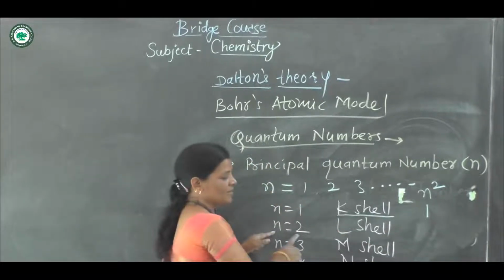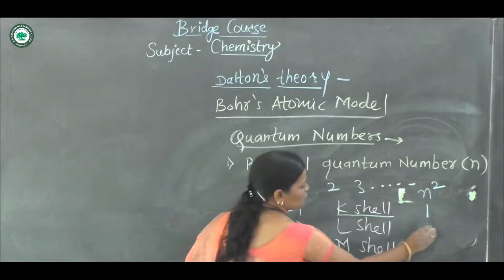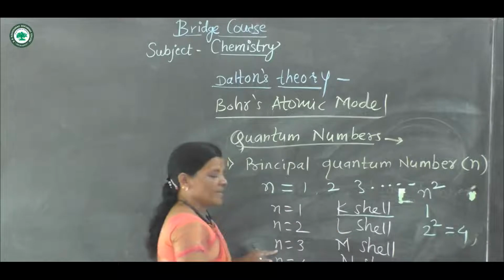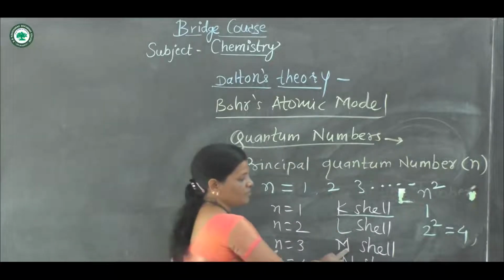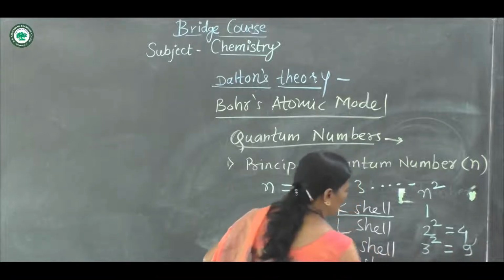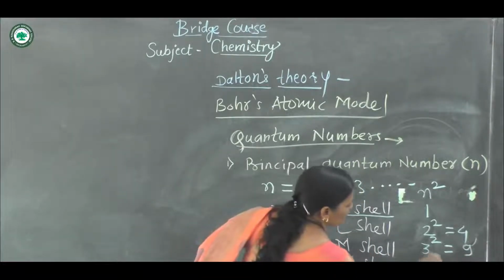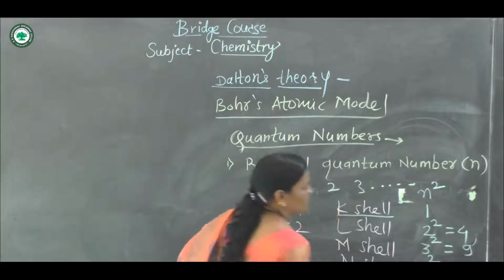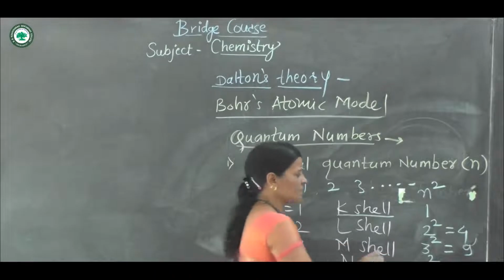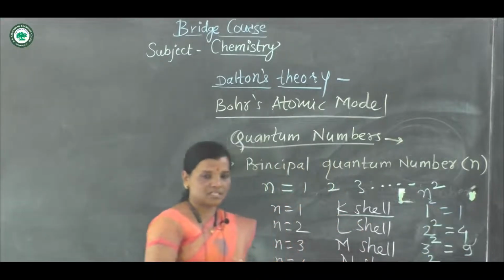For n equal to 2, the L shell, n square is 2 square, which becomes 4. For n equal to 3, the M shell, 3 square is equal to 9. For n equal to 4, the N shell, 4 square becomes 16. What do these values give an idea of? These values give an idea of how many suborbitals are present.